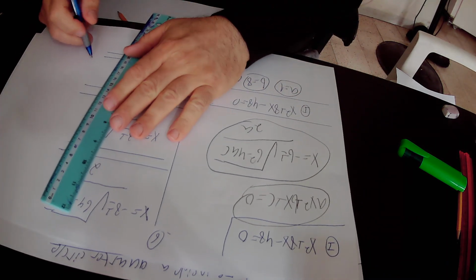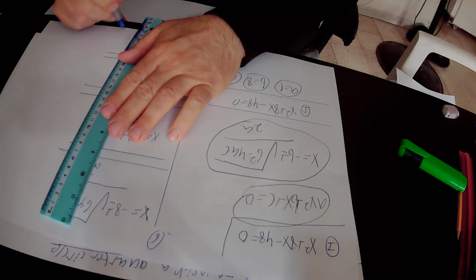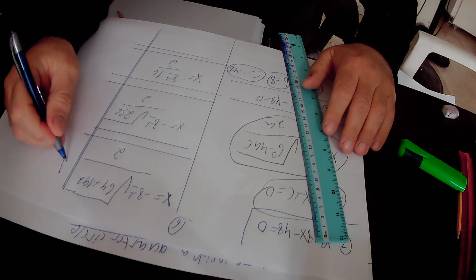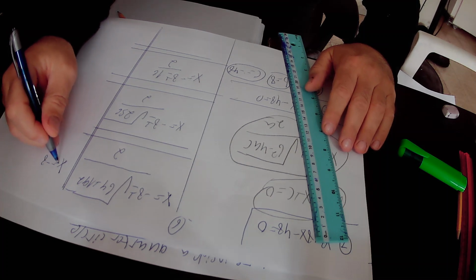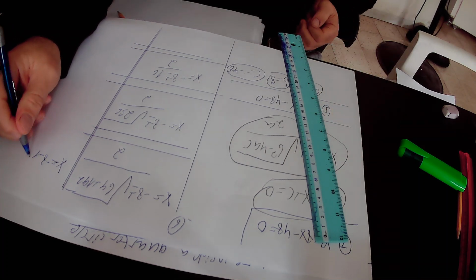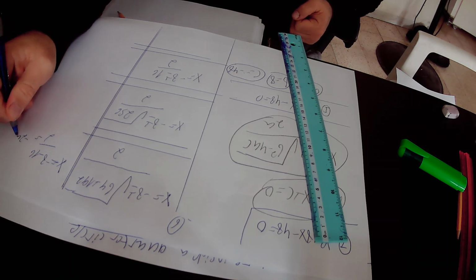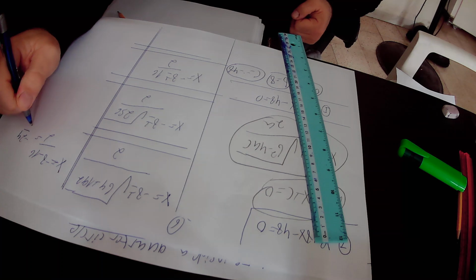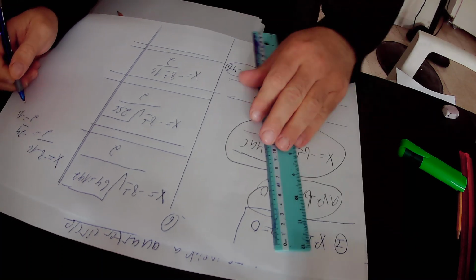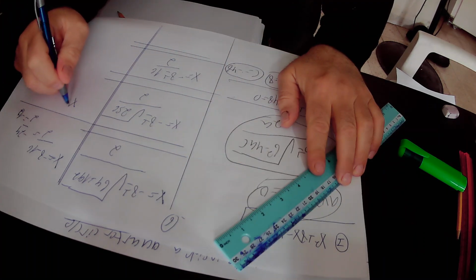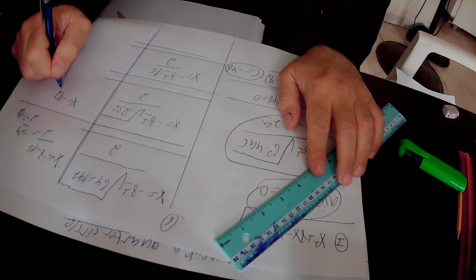The first solution for x is that x equals minus 8 minus 16 over 2. Minus 8 minus 16 is minus 24, and minus 24 over 2 is minus 12. So according to the first solution, x equals minus 12.